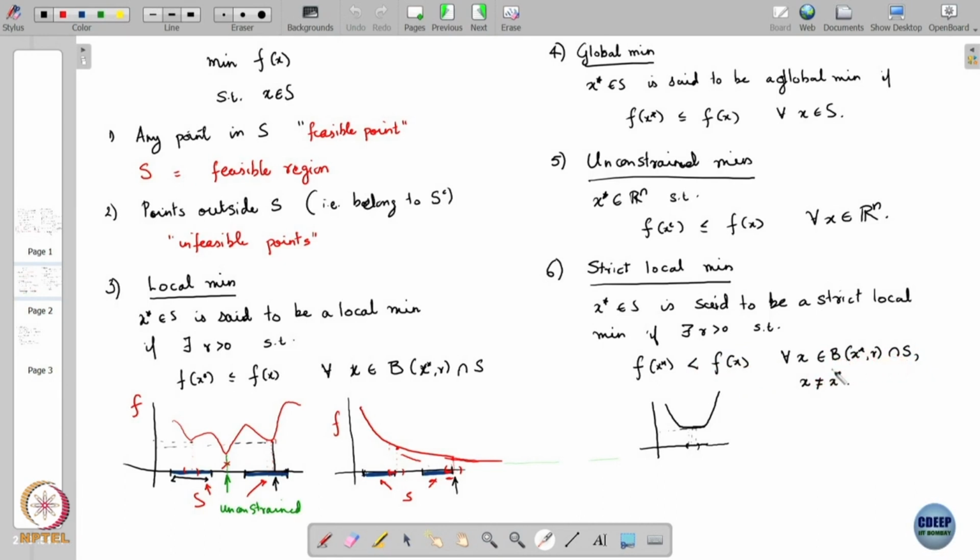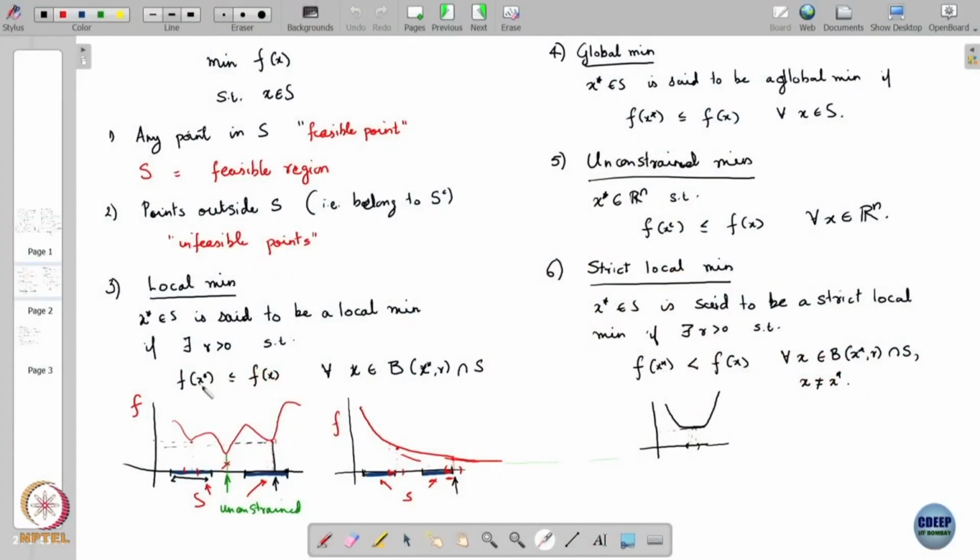So, if it is not strict, then in this inequality equality must be attained for some point, and this must be true for every radius r. No matter how small you make the radius, you should continue to get a point in that ball and in S such that there is equality here. So, what does this mean?